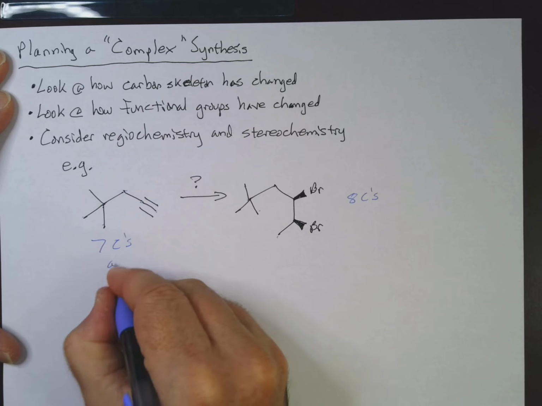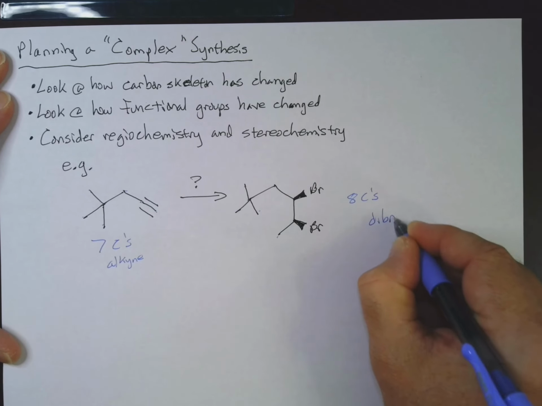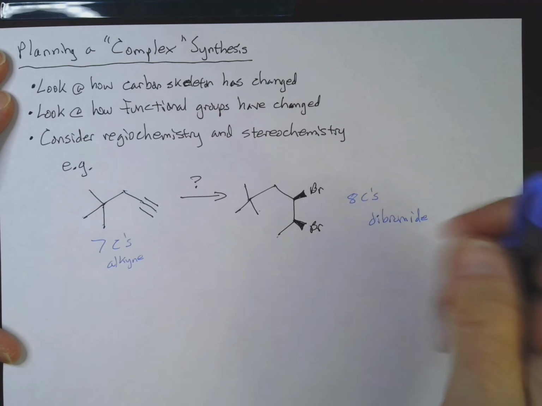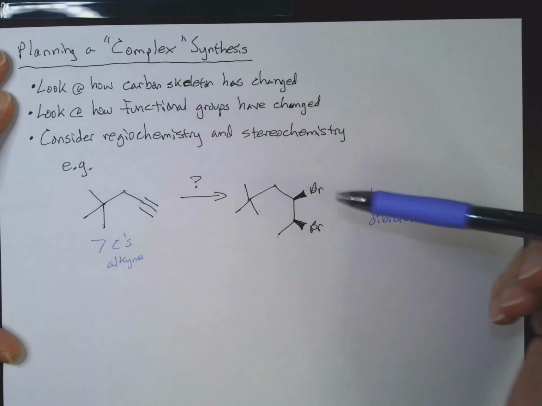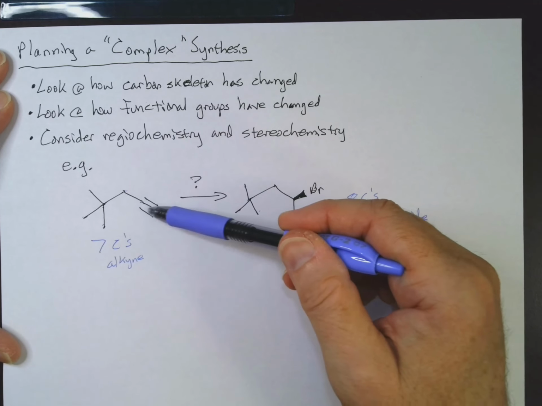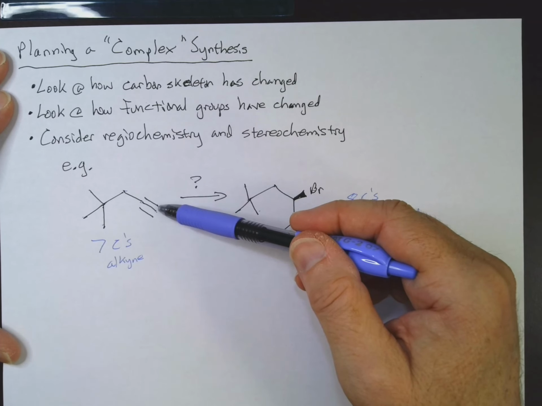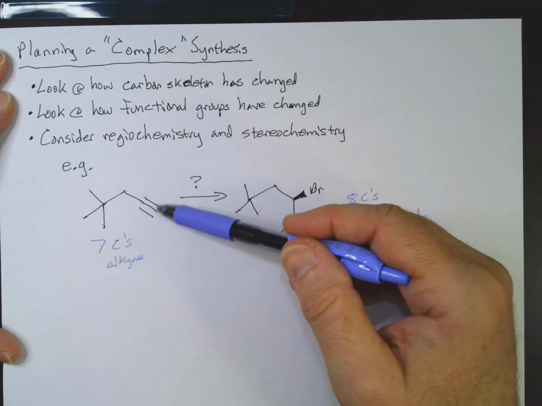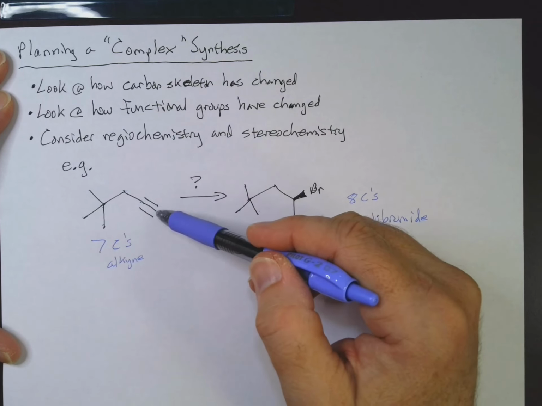I have an alkyne, and here I have a dibromide. So I can start visualizing in my mind some plans. All right, I need to make a new carbon-carbon bond. Oh, I have an alkyne. I can probably use an acetylide ion.